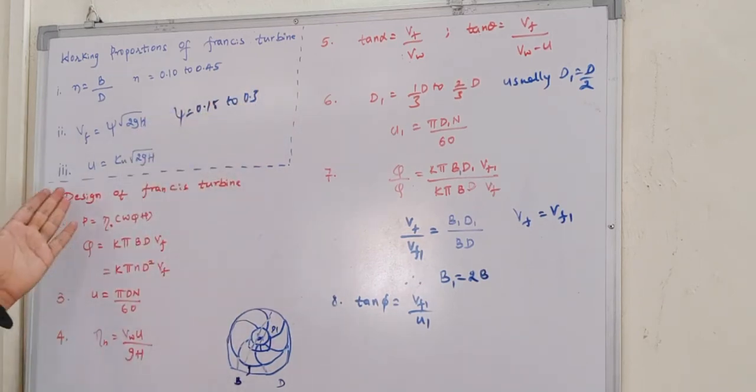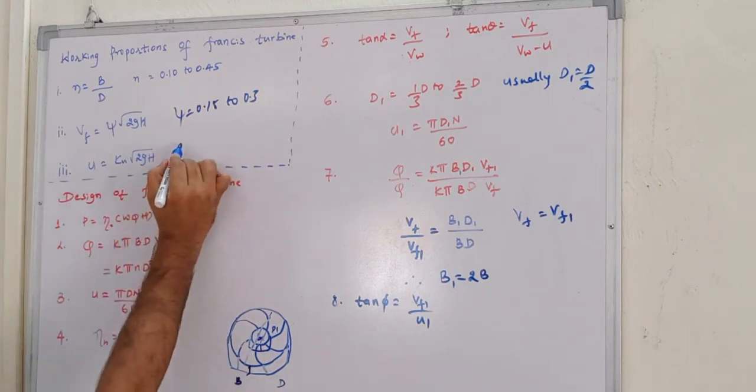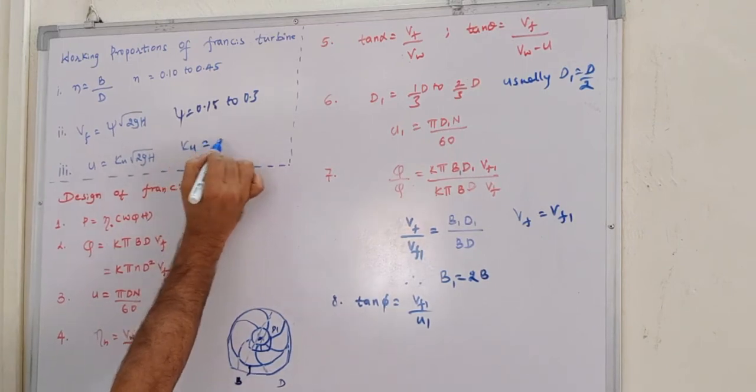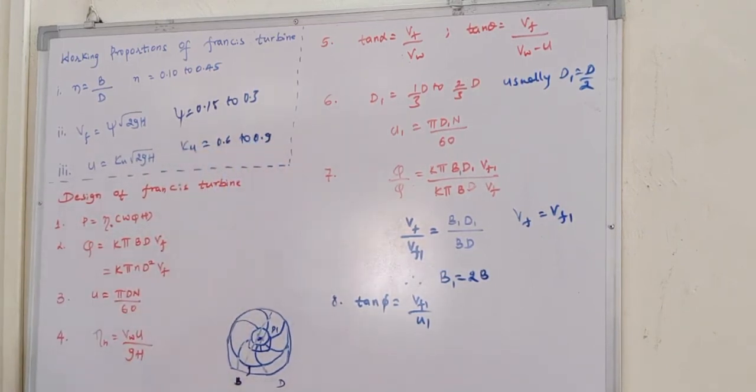And u is the velocity of the runner. Its coefficient Ku ranges from 0.6 to 0.9 times root 2gh. If you remember all these three working proportions, we will be able to continue the design part.